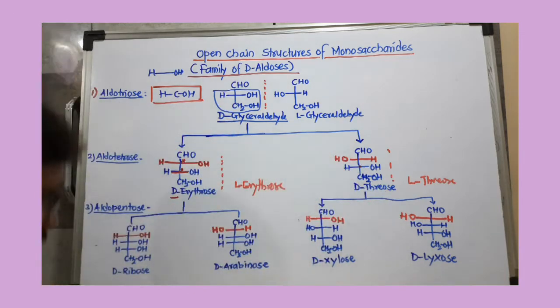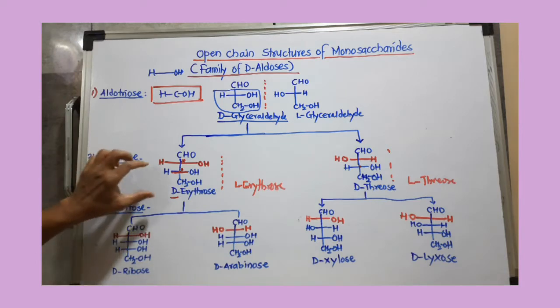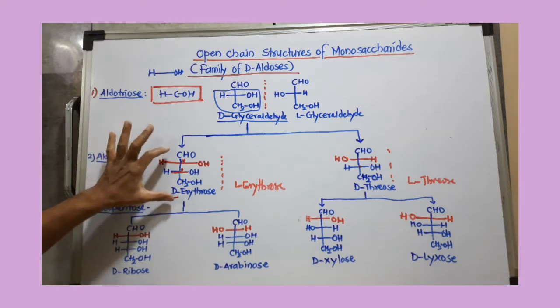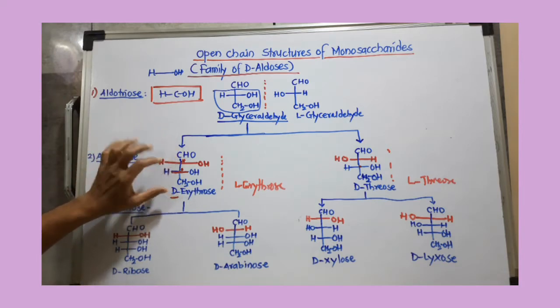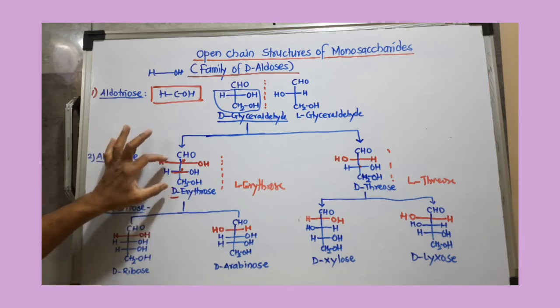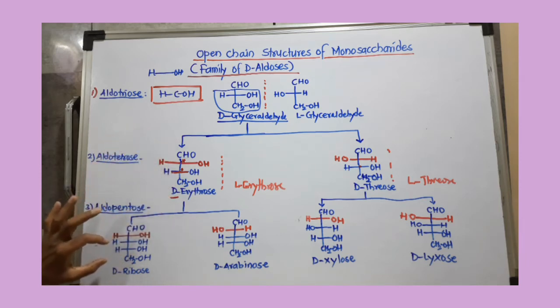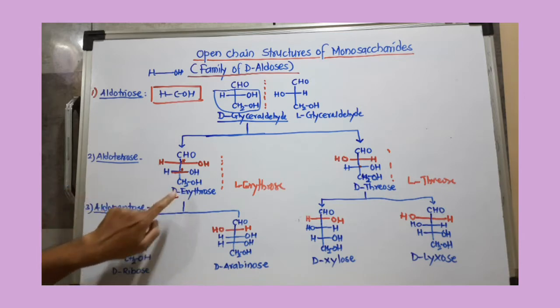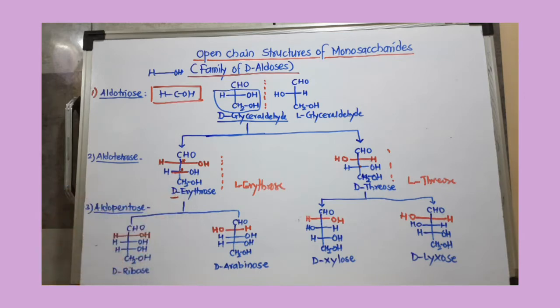So just like that, how to draw? Now the remaining structure will be as it is. That means erythro will be as it is. This portion is common, as I mentioned, in all structures, CHO and CH2OH. So it is having 3 OH groups, and you can draw 3 OH groups including this last one. This is common for all.